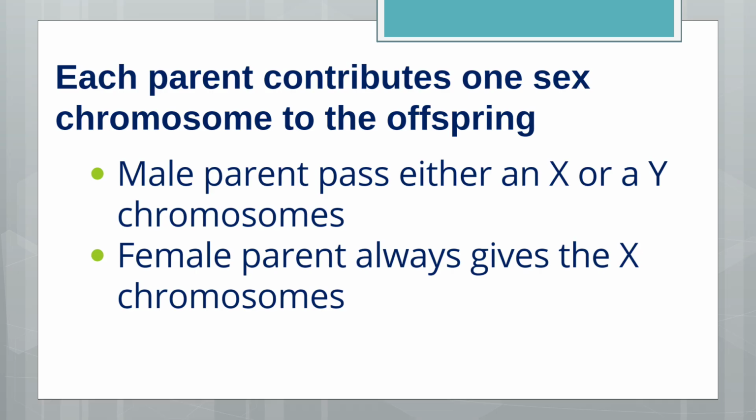When life started, each parent contributes one sex chromosome to the offspring. The male parent passes either an X or a Y chromosome, while the female parent will always give the X chromosome. So if your baby is XX, then that means she is a female baby, and if it is XY, then that would be a male baby.